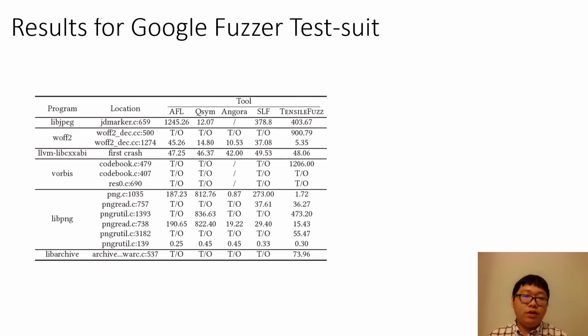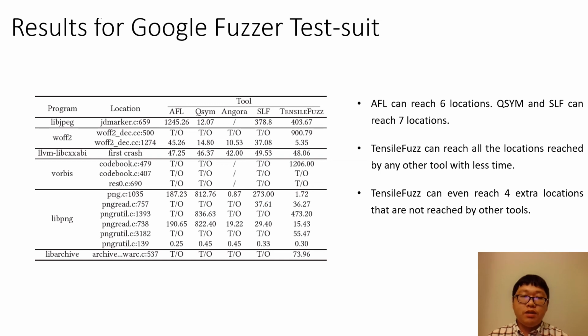Angora does not work for libgpack because it fails taking some instructions. We can learn AFL can only reach 6 locations, while QSIM and SLF are slightly better and reach 7. They always take a very long time to reach locations compared to TensileFuzz, though Angora can reach locations at a much faster pace. It reaches only 5 locations, while TensileFuzz reaches 12.